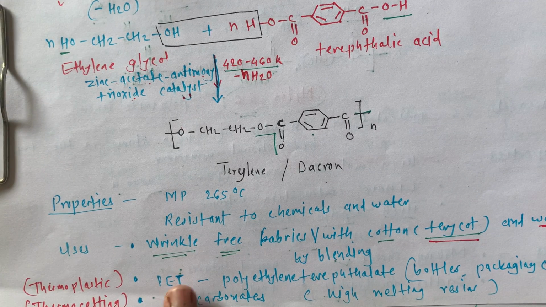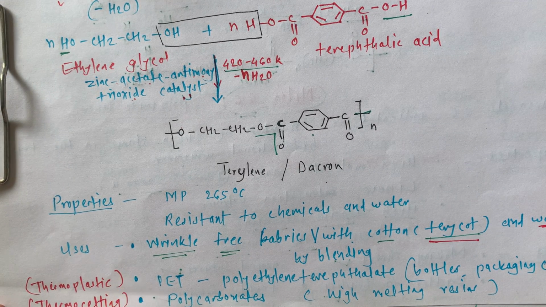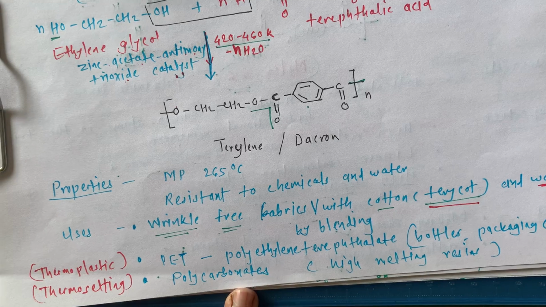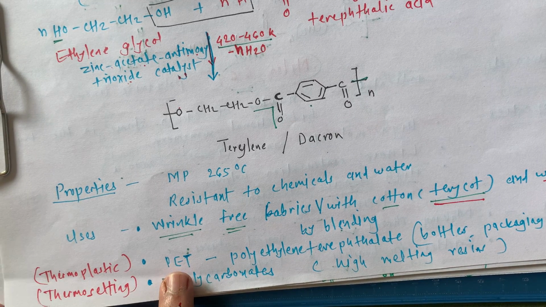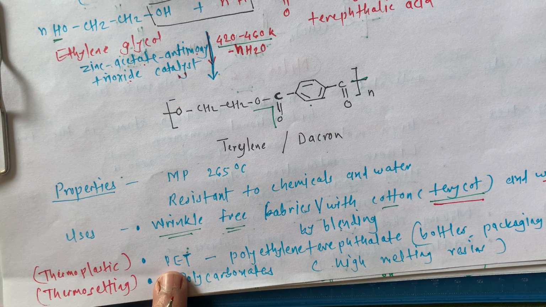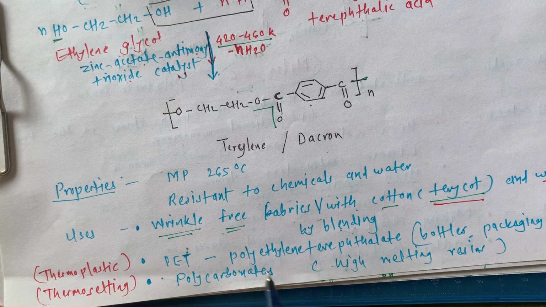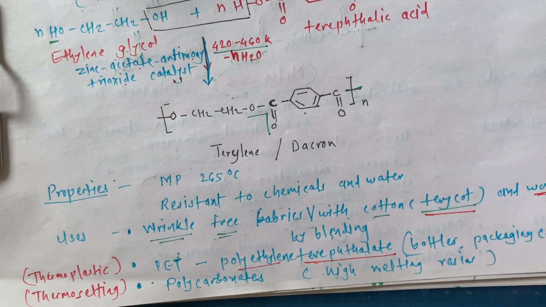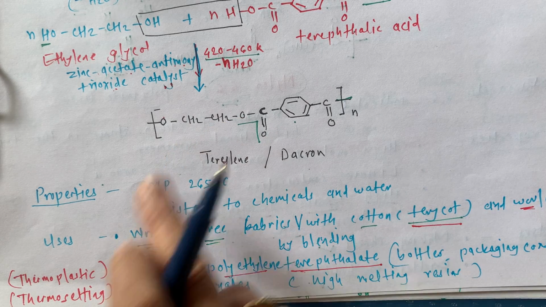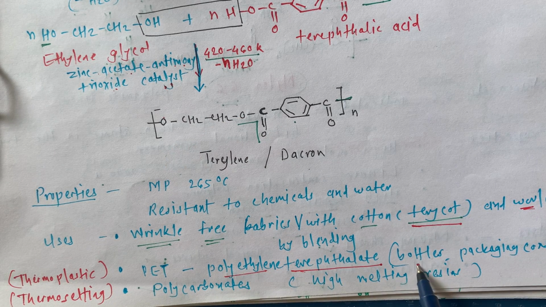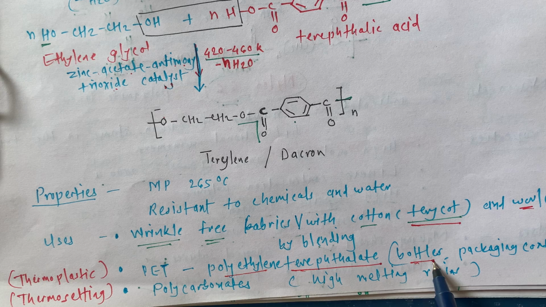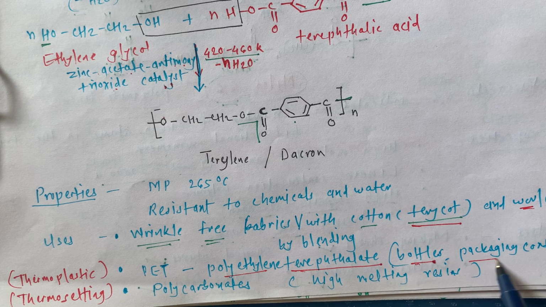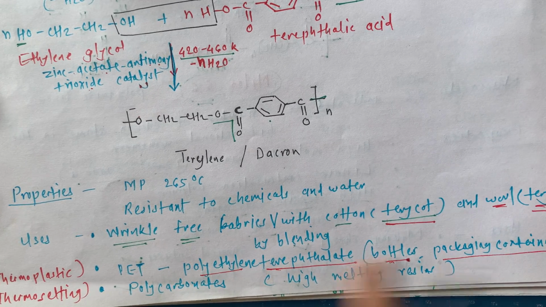Here again we know the thermoplastic and thermosetting products. PET, always written in capitals. What is this? Polyethylene terephthalate, which is used for making bottles or packaging containers. That is PET.